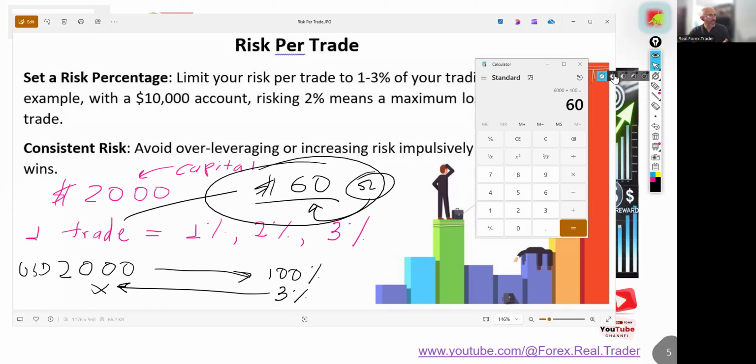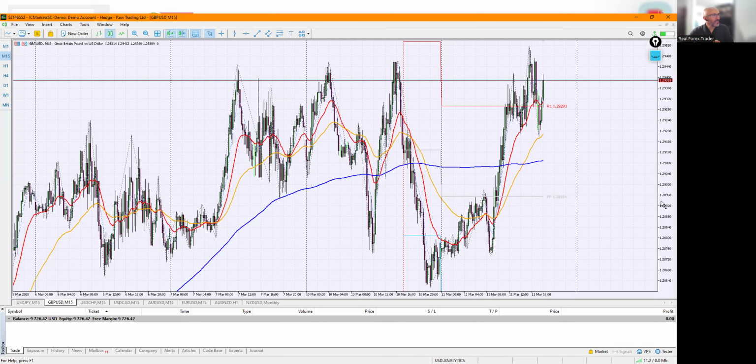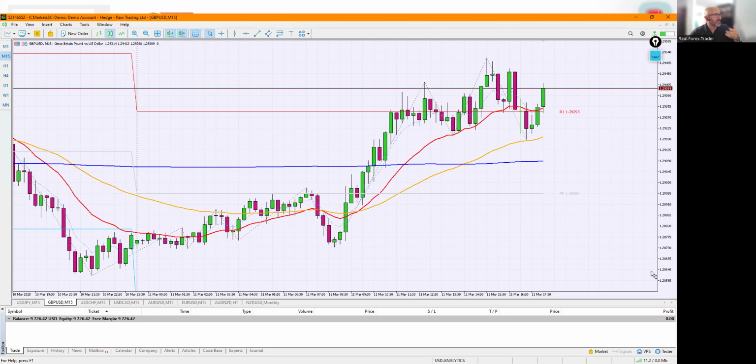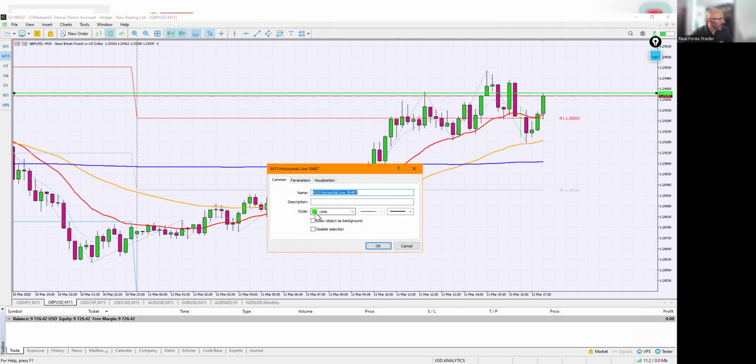Let me show you on the charts a potential scenario. Here we go. Let's suppose that I have this potential trade in here, to say that I go long, right? Suppose my entry point is here. Okay, my entry point is there.